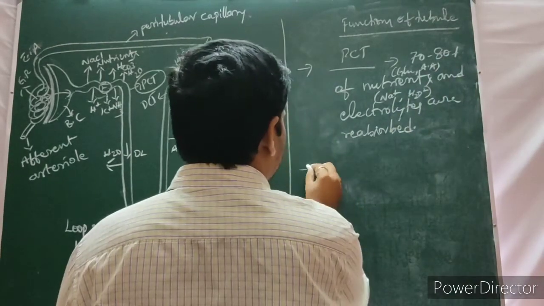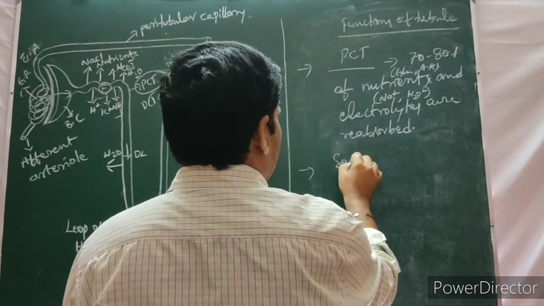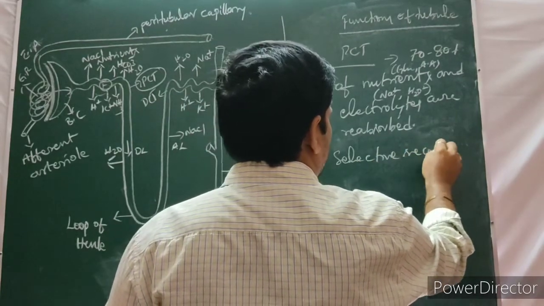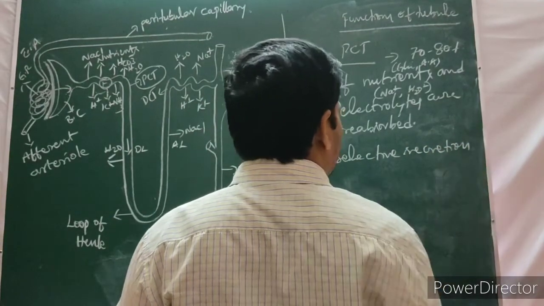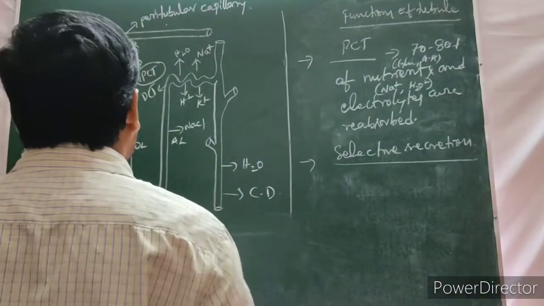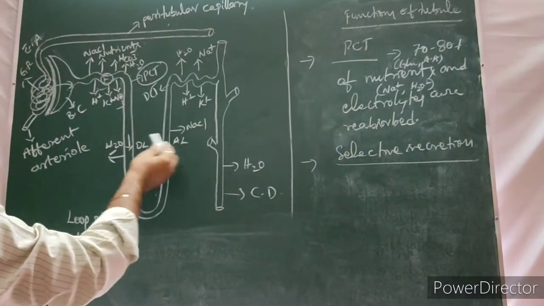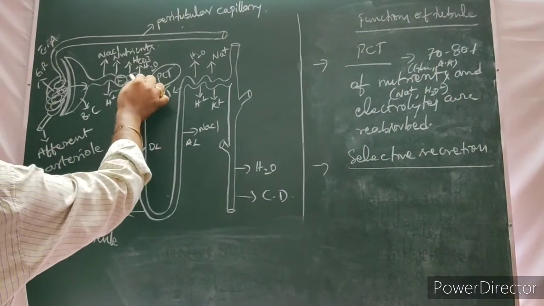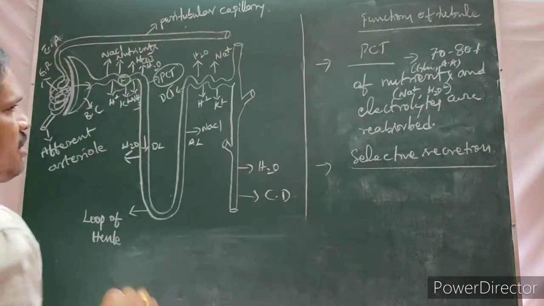The next one, selective secretion. Selective secretion is also done. Reabsorption means from the proximal convoluted tubule into the peritubular capillary.